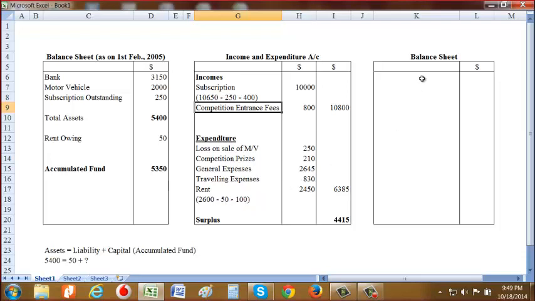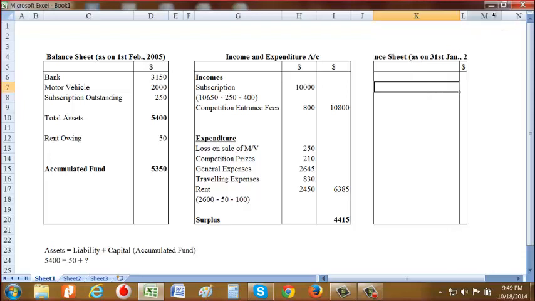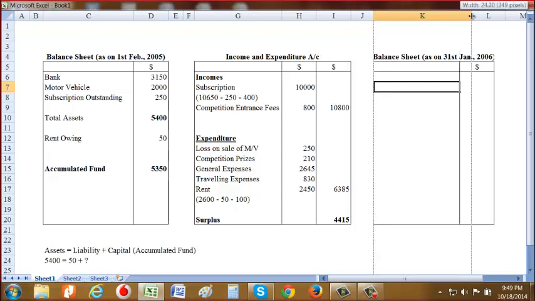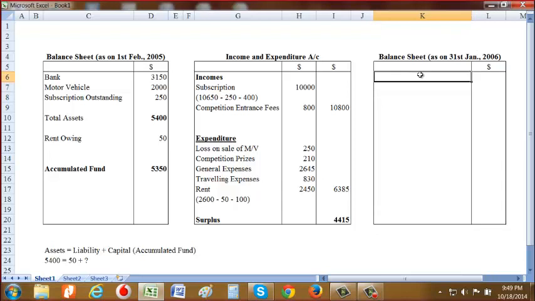Okay? Now we need to prepare the balance sheet, the closing balance sheet. So here I will write balance sheet as on 31st January 2006. And to prepare this, I will take help of the opening balance sheet also. In the opening balance sheet, what is the first item?